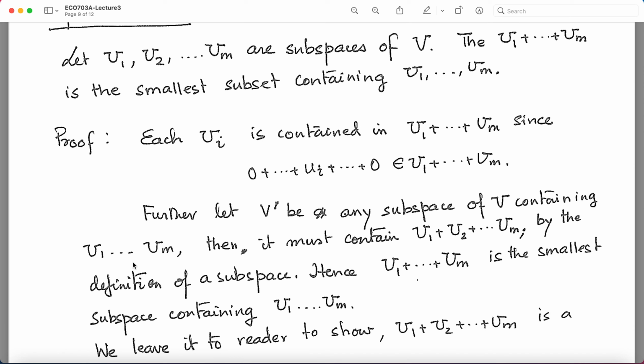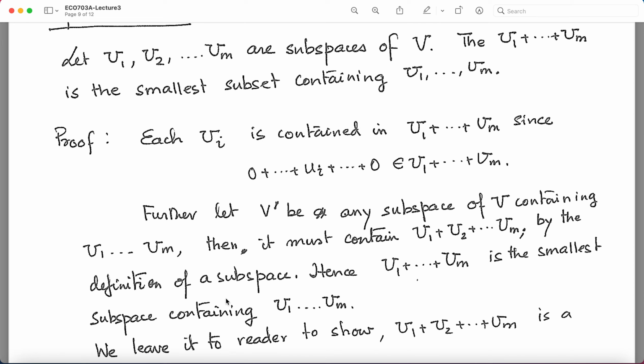Now, this should be not the smallest subset, but the smallest subspace containing u1, u2, um, because when you have u1, u2, um as subspaces of V, then the sum is also a subspace. So, if there is any other V dash, any subspace of V which contains u1, u2, um, then it must contain u1 plus u2 plus um by the definition of a subspace.